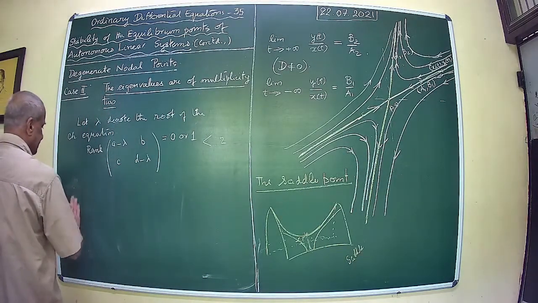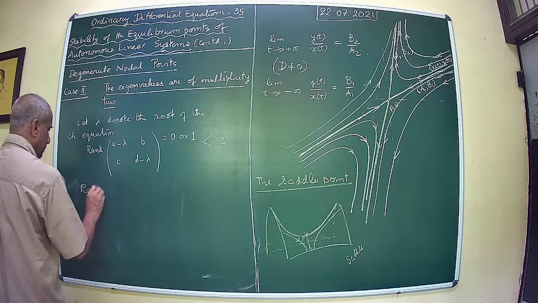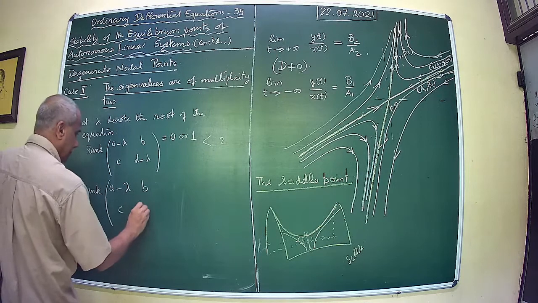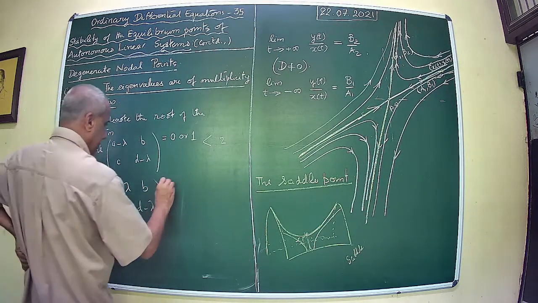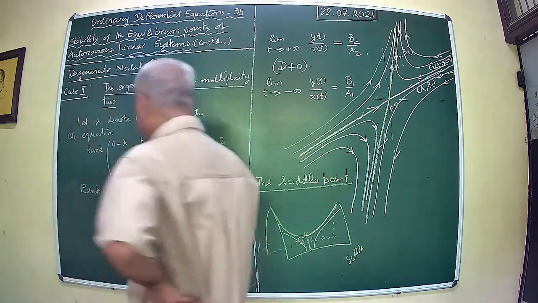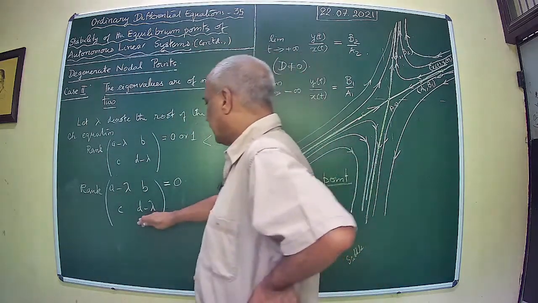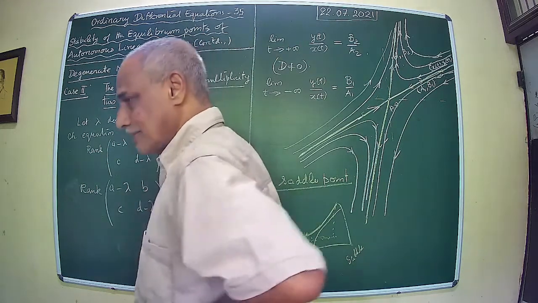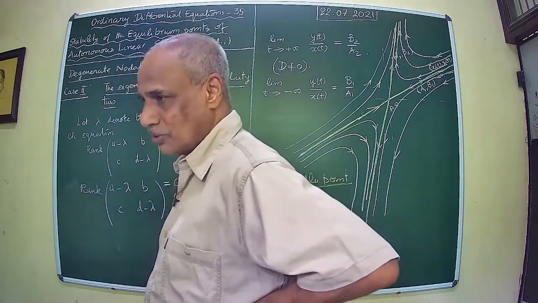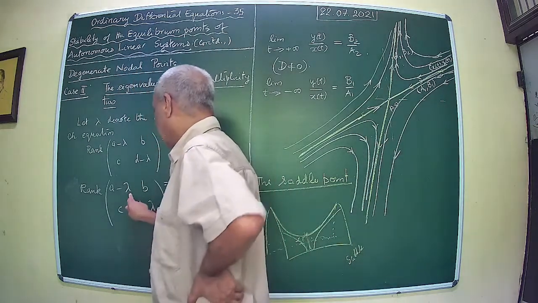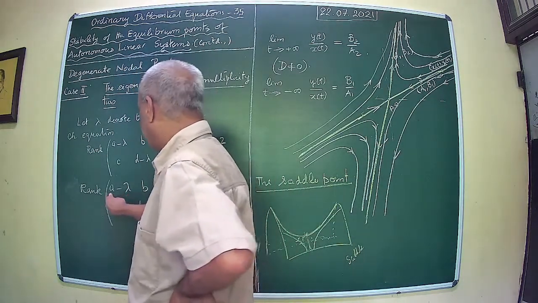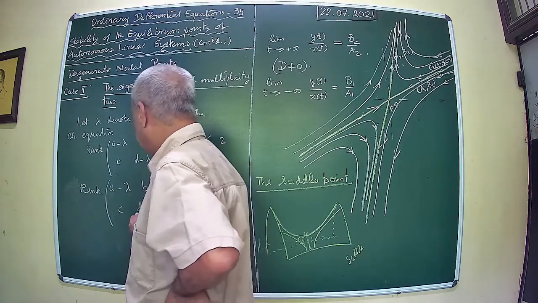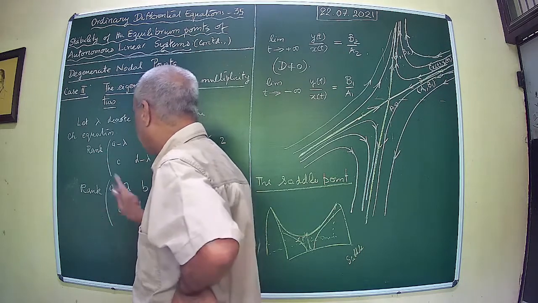Let us take the case where rank is 0. What does this mean? This means that both these rows are 0, 0 or both the columns are 0, 0. When is that possible? Because this is 0 provided lambda is equal to a, but lambda is the same in both the cases. Lambda is also equal to d, so a should be equal to d.